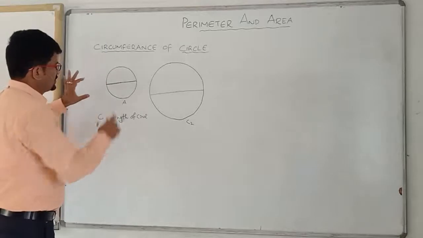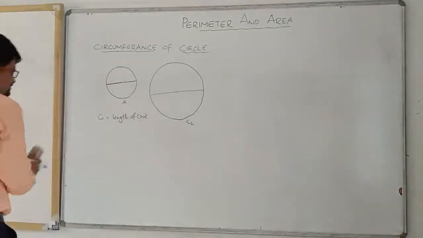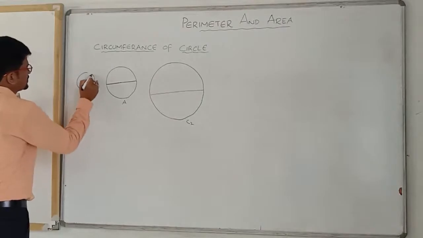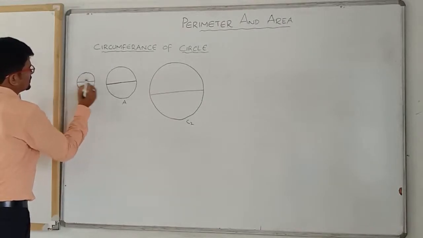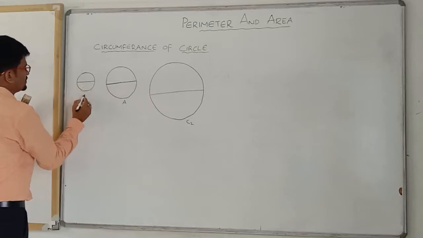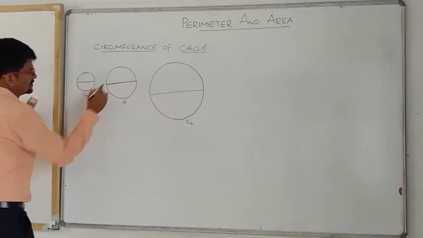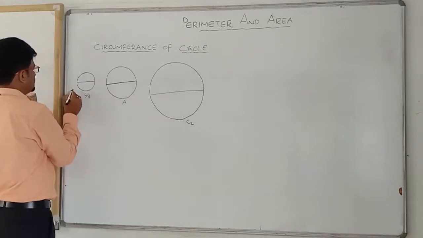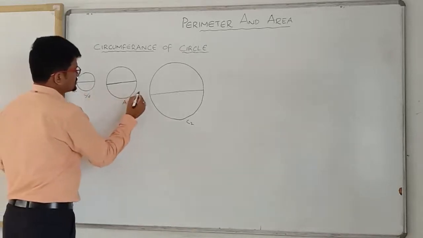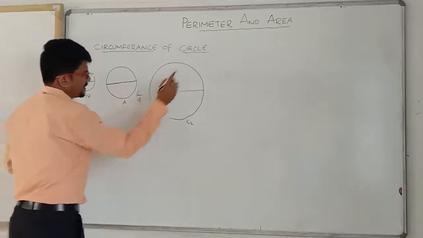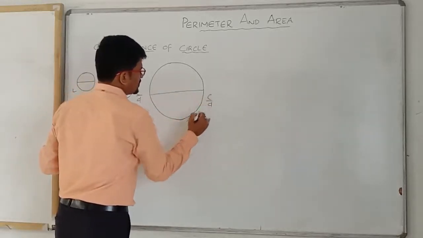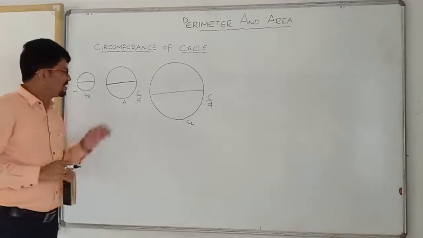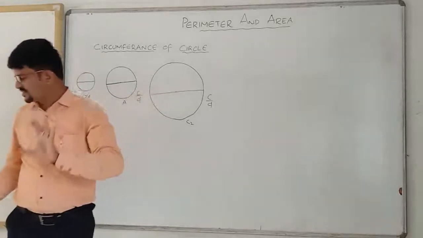One more small circle I will draw here. This is the yellow circle, and here also. If you do the experiment, all the C by D is the constant.